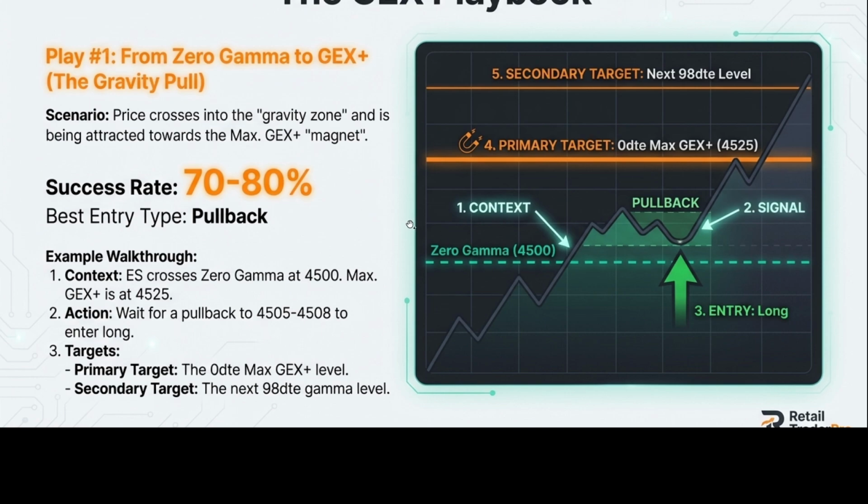For example, the best entry when we are in play one, when price goes from zero gamma to GEX positive gamma in the gravity pull: first of all, we have to wait for price to go from the negative gamma zone to a positive gamma zone.